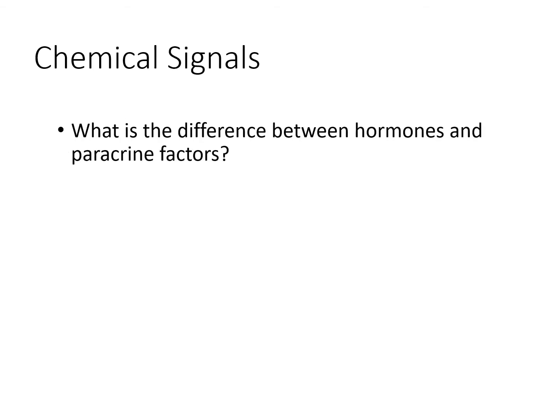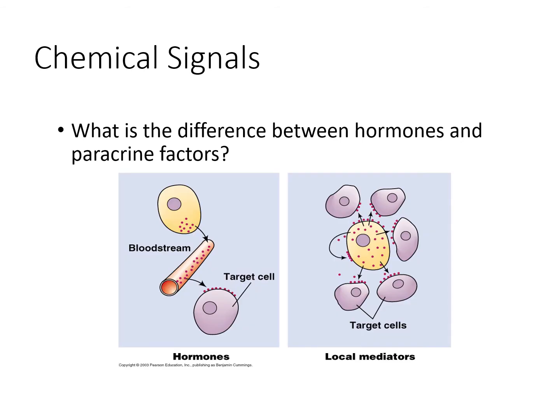In other words, for the chemical signals, we have two types. Remember the endocrine system and paracrine system. So what are the differences between these two signals? The hormones or paracrine mediators? If you look here, we can see the major differences between the hormonal system and the local mediator. When we talk about hormones, they are much more systemic because the hormone is secreted into the bloodstream and will be carried throughout the body by the systemic blood circulation.